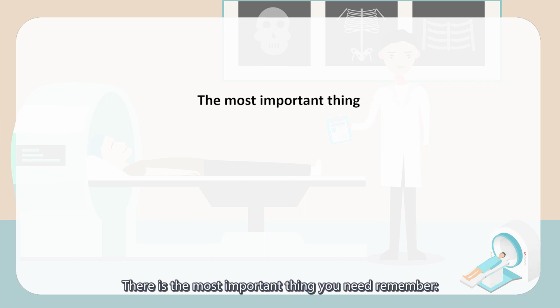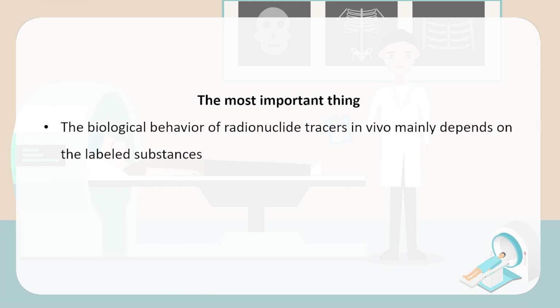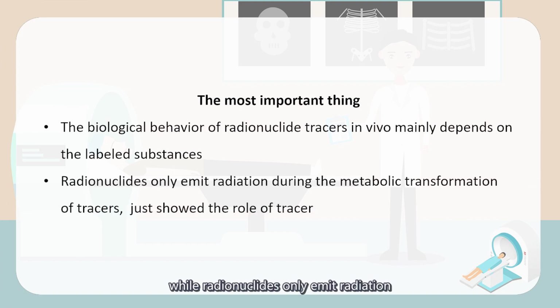This is the most important thing you need to remember. The biological behavior of radionuclide tracers in vivo mainly depends on the labeled substance, not radioisotope. It's radioisotope labeled substance, where the radionuclide only emits radiation during the metastatic transformation of tracers, just shows the role of the tracer.